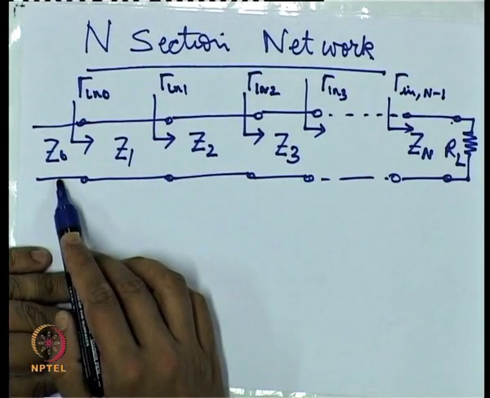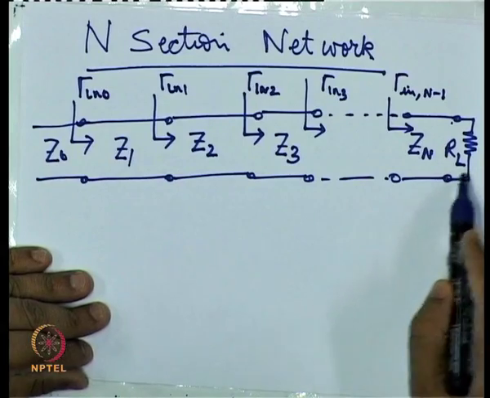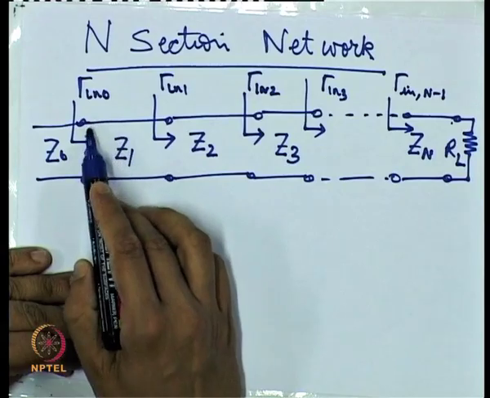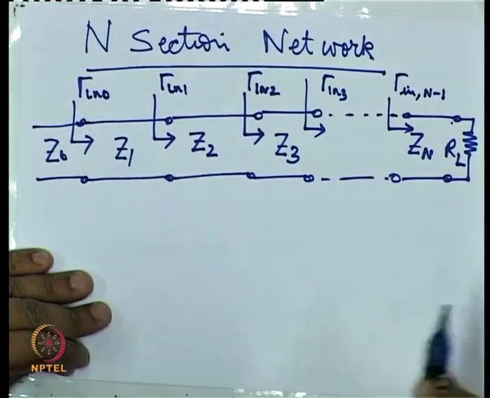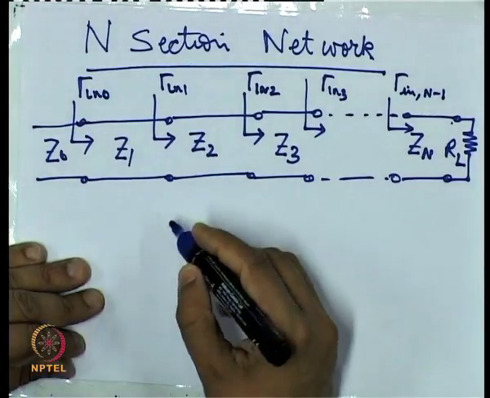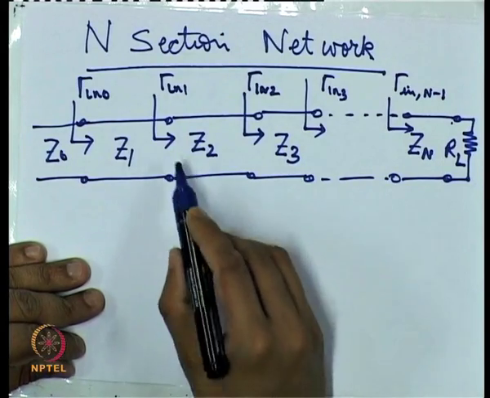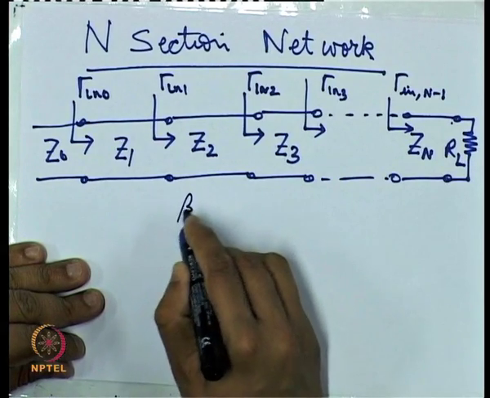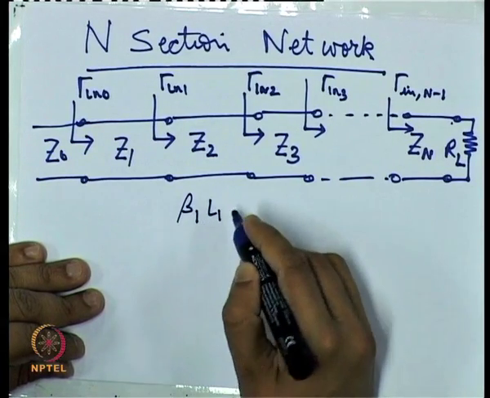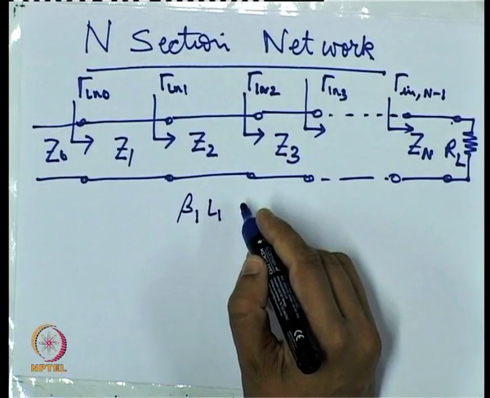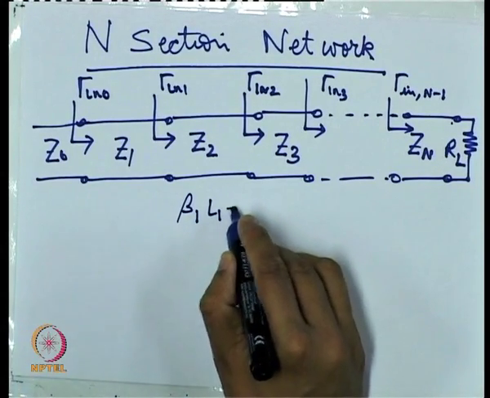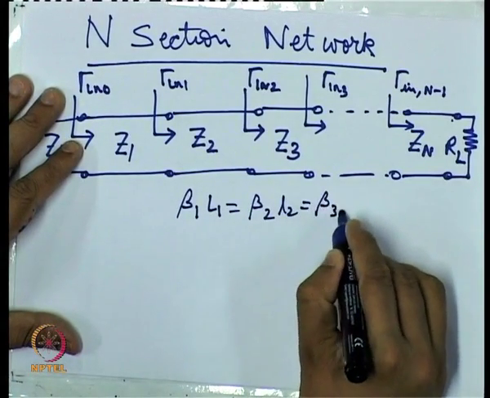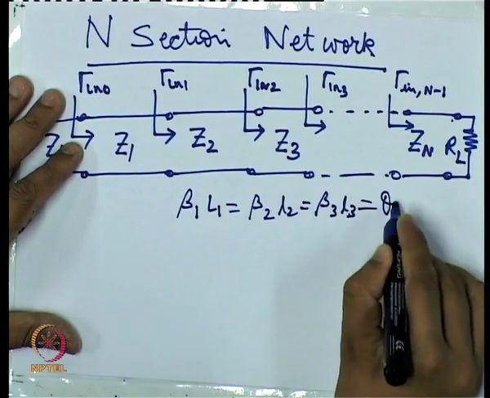This is the input section, Zn is the last section, and RL is the load. The gammas are the reflection coefficients at the junctions of the various sections. Here we assume that all the sections have identical electrical lengths, given by beta 1 L1 equal to beta 2 L2 equal to beta 3 L3, equal to some value theta.